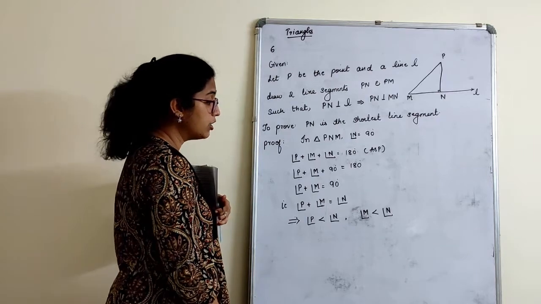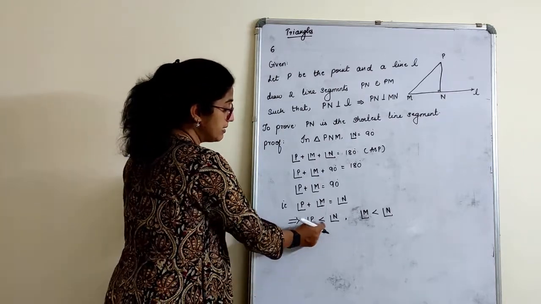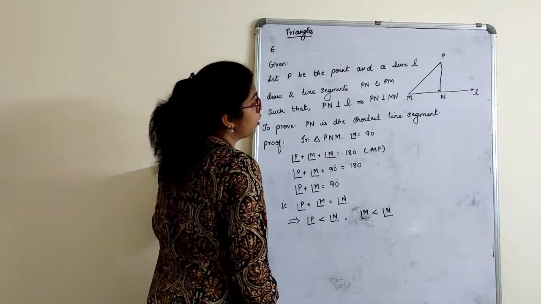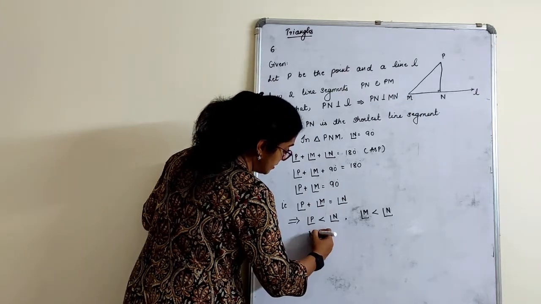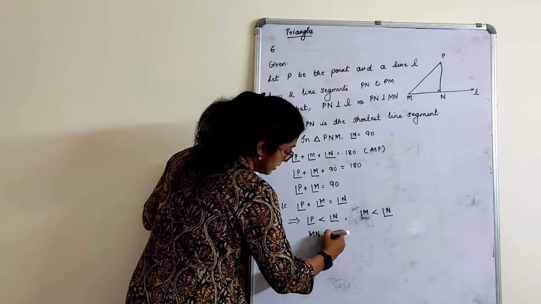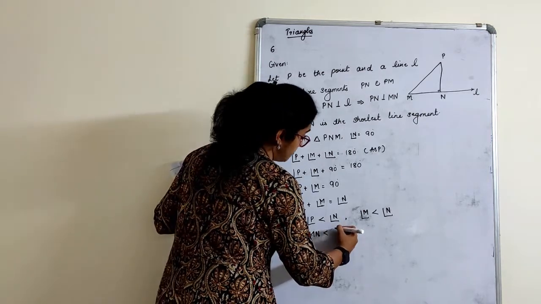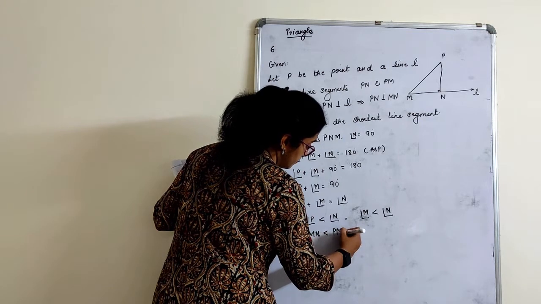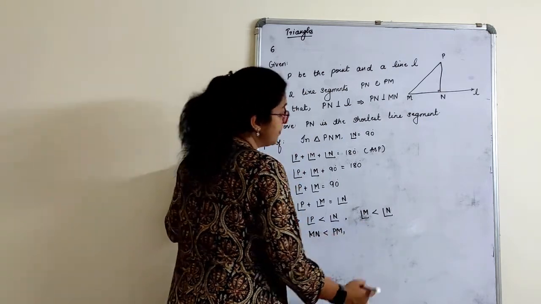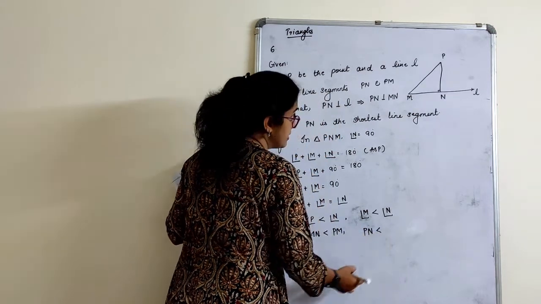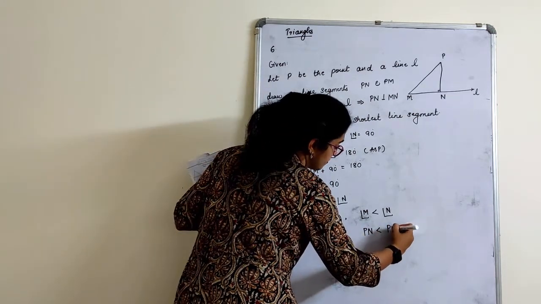So both are less than the 90 degree angle. Angle P, when we talk about it, is what side? MN, is less than, angle N is nothing but PM. Angle M is PN, is less than PM.